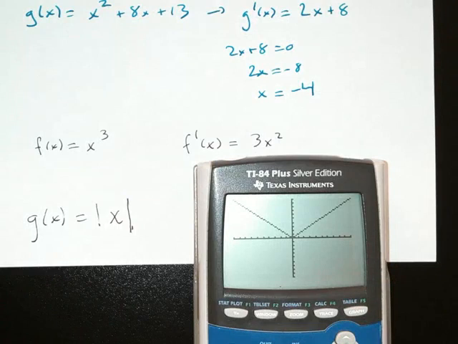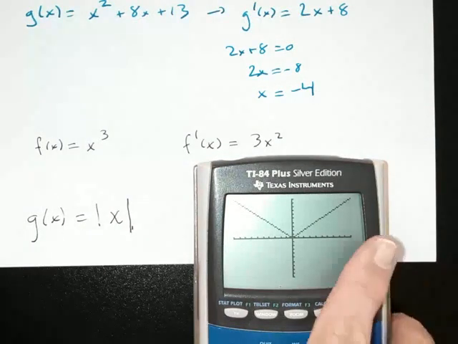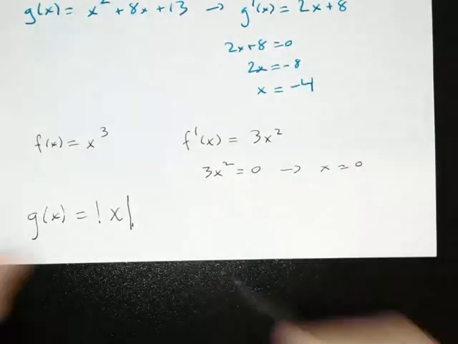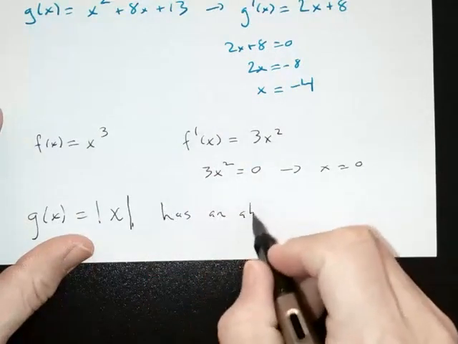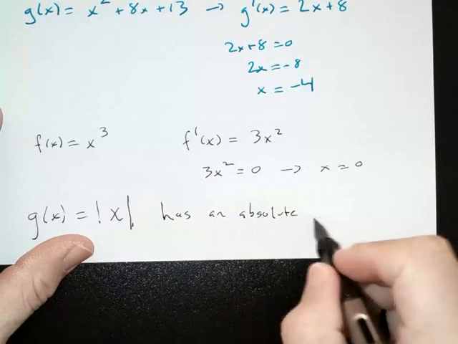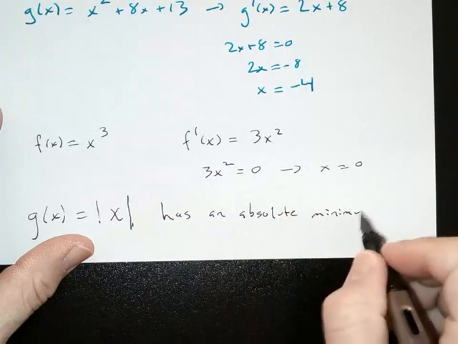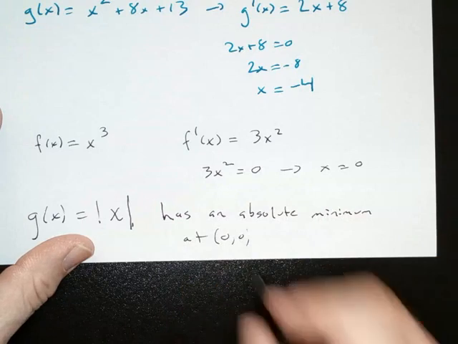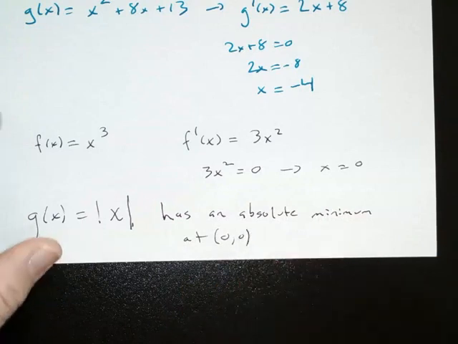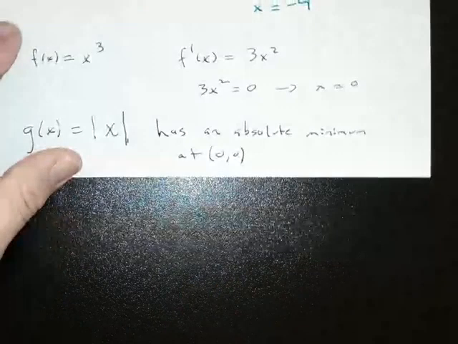We absolutely have a minimum on this graph at 0. Great, wonderful, fabulous. There's just one problem.